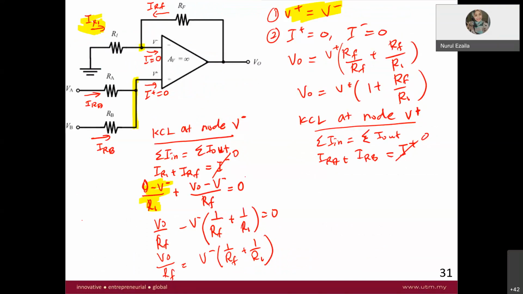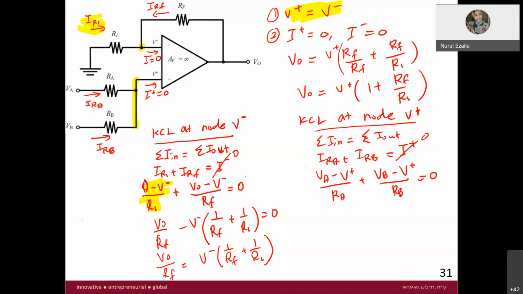So IRA is VA minus V plus over RA plus VB minus V plus over RB equal to 0.